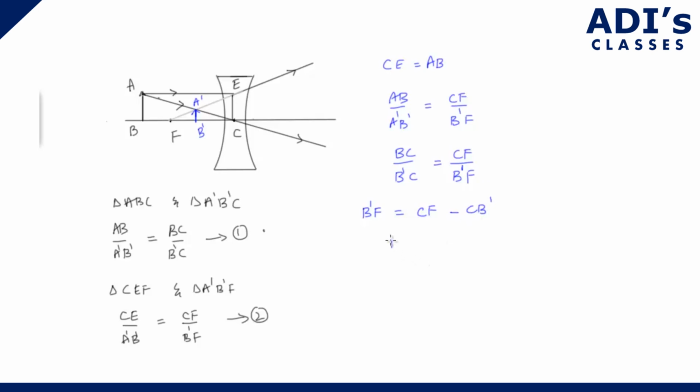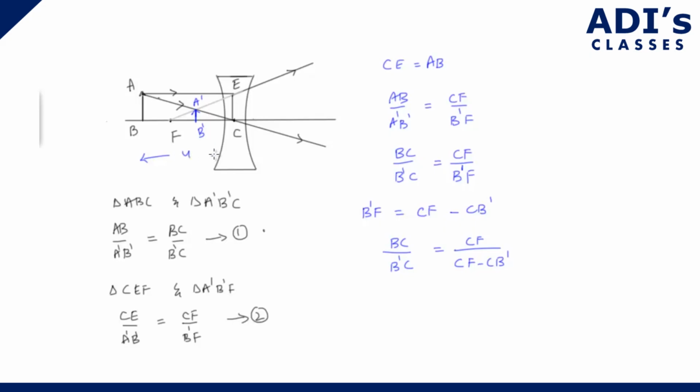Now remember, here U, V and F, all three are negative because all three of them are in the direction against the direction of light, correct? Because this is U and the light ray is coming from A to E. So U is negative. Similarly, V is also negative and F is also negative.